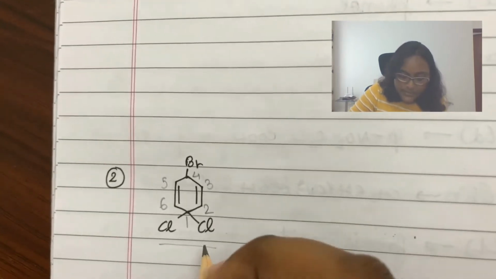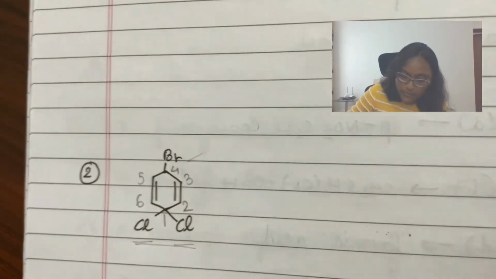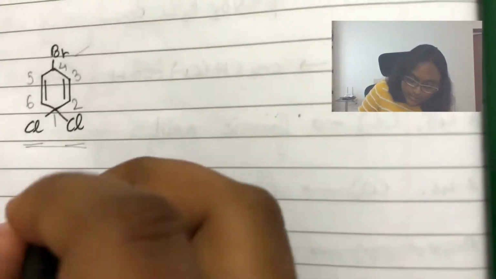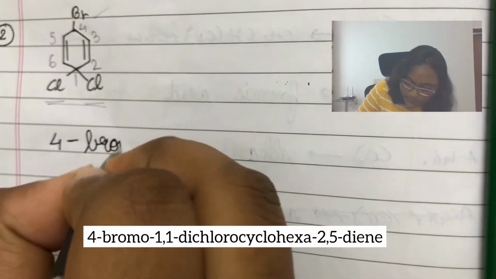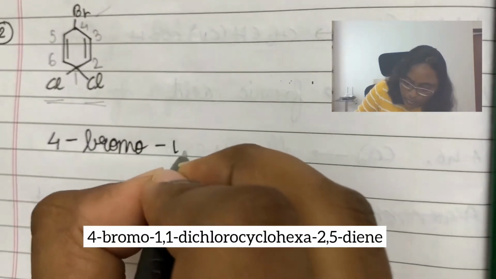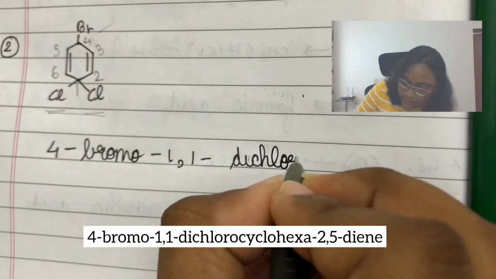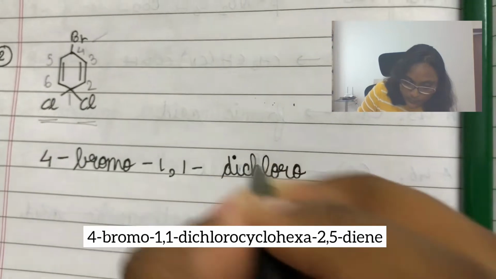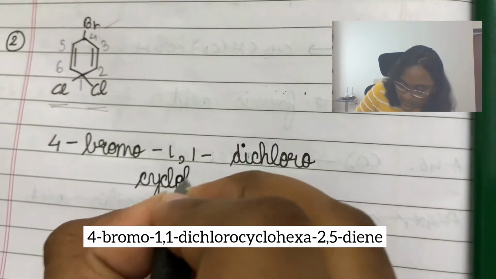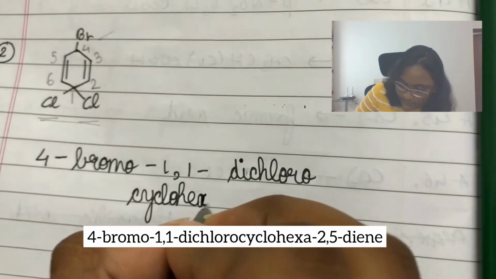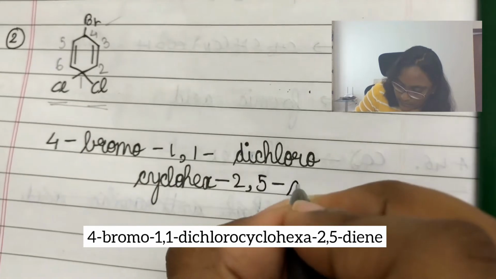And we see that on the first carbon there are 2 Cl groups, and on the fourth carbon there is 1 bromine group. Hence the answer for this question is 4-bromo-1,1-dichlorocyclohexa-2,5-diene.